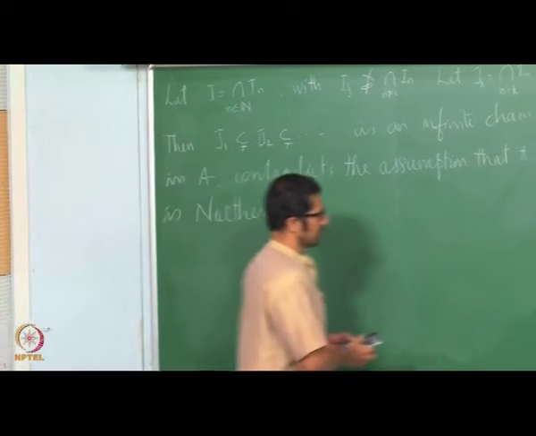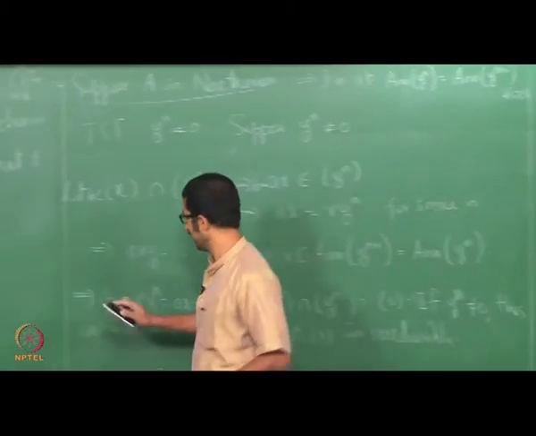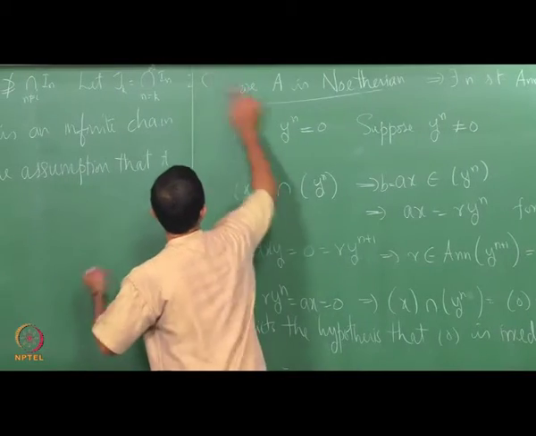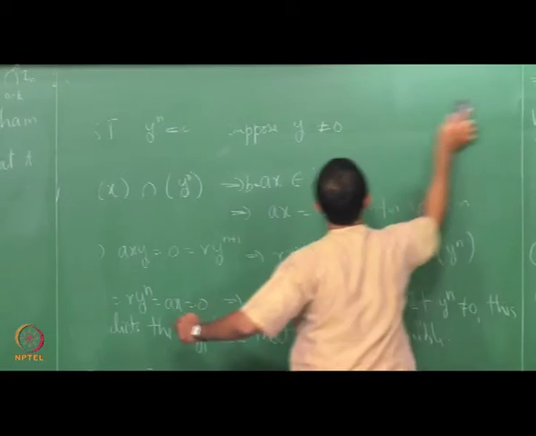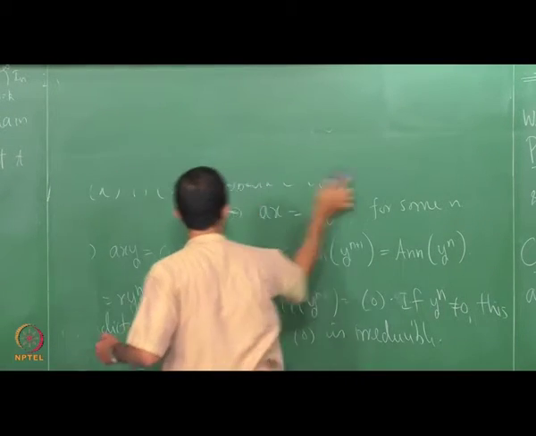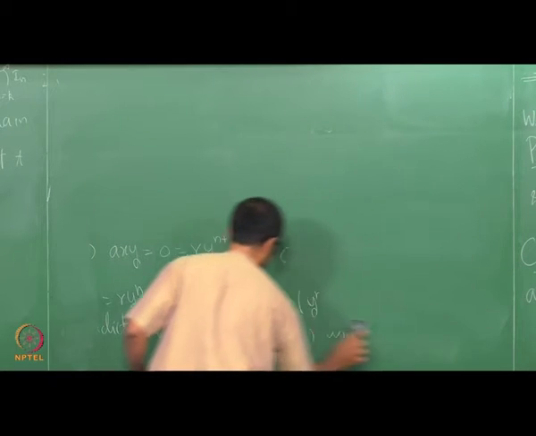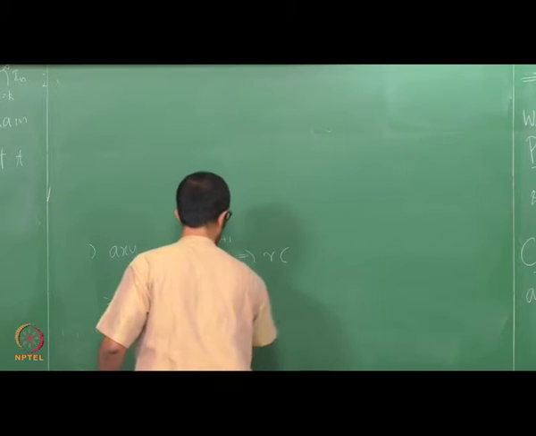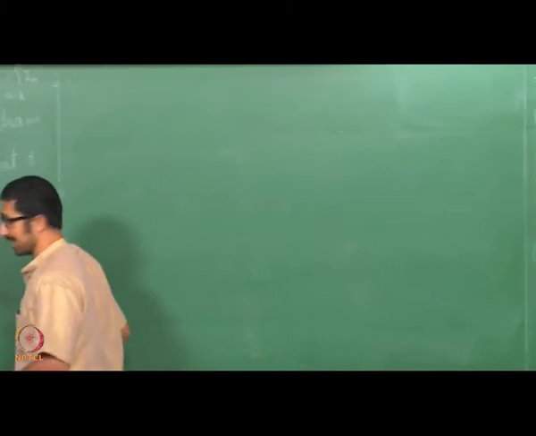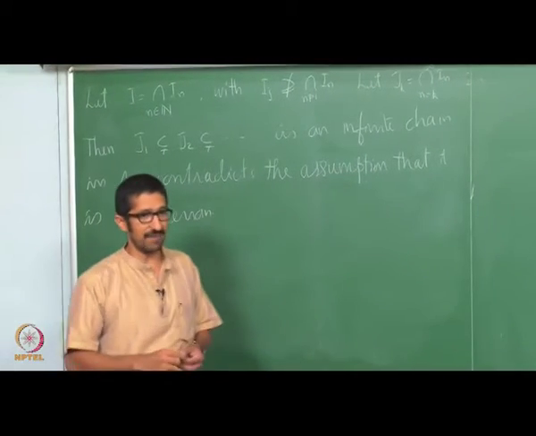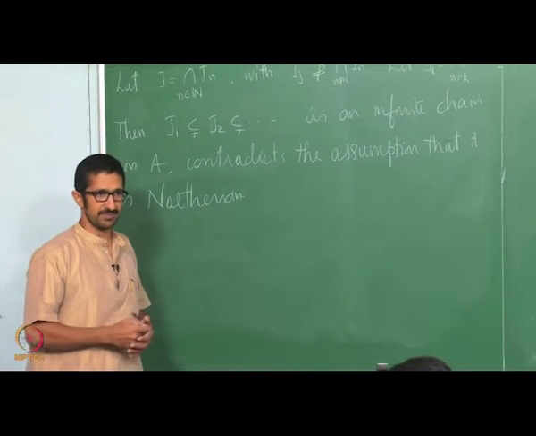So that says that every ideal in a Noetherian ring is an intersection of finitely many irreducible ideals, but in a Noetherian ring we have proved that every irreducible ideal is primary. So in a Noetherian ring every ideal has a primary decomposition.